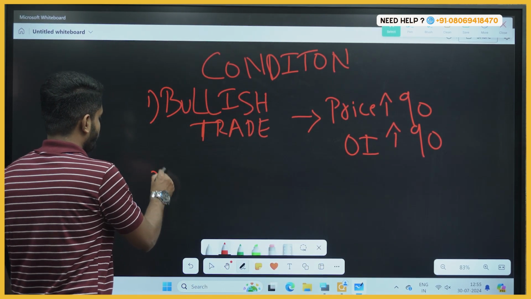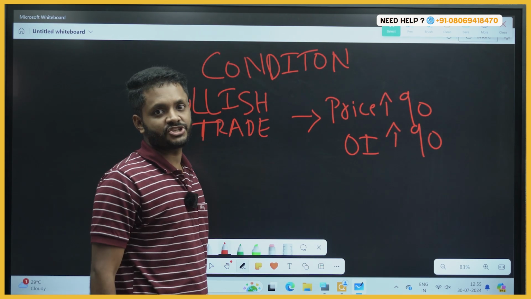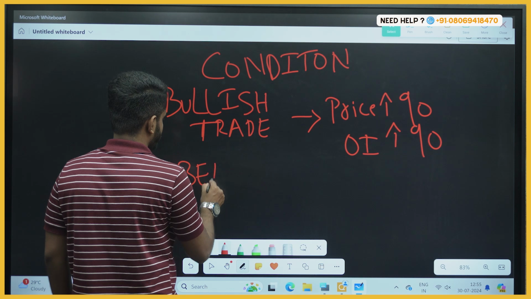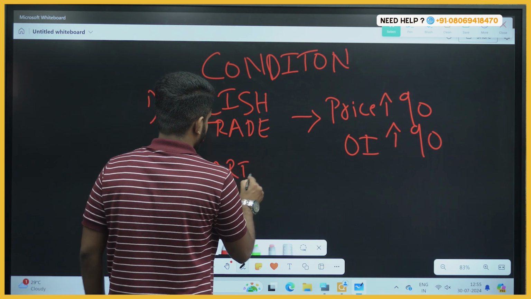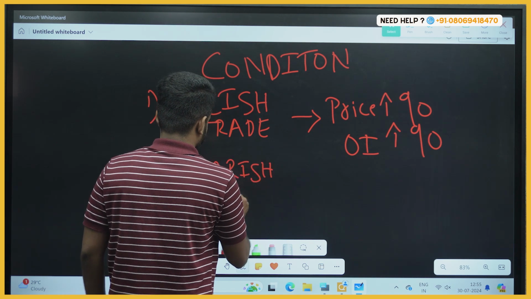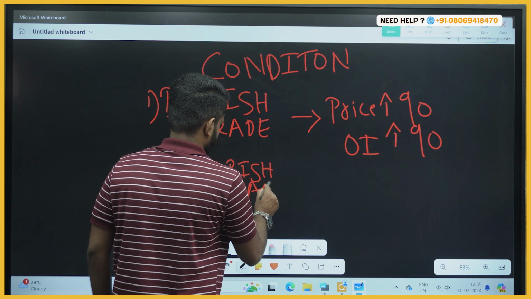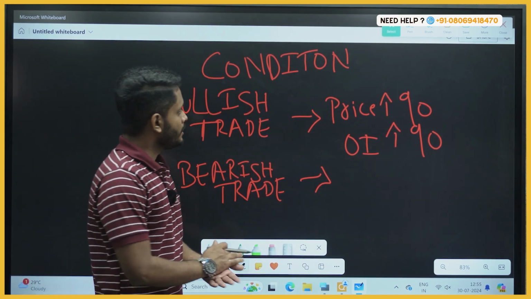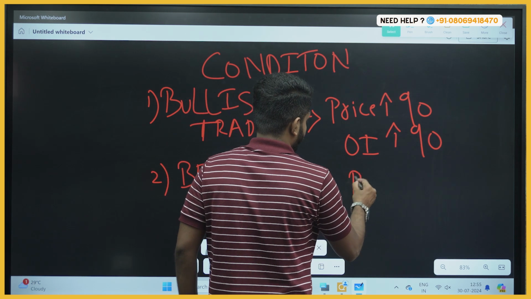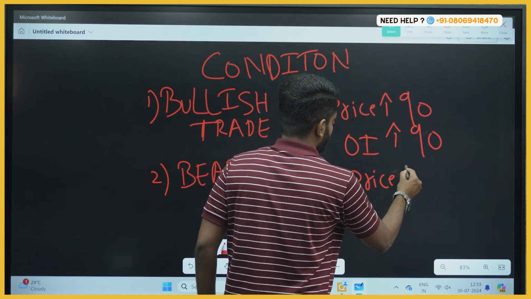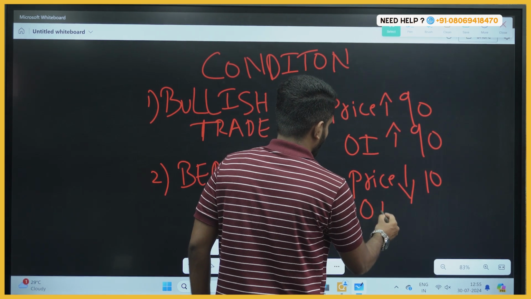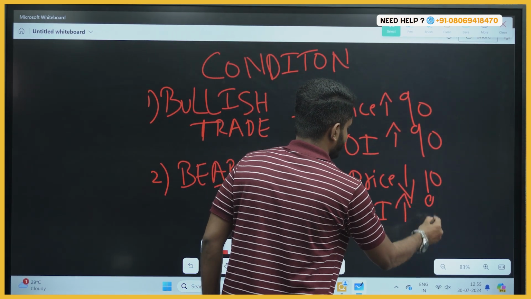Now say I want to find a bearish trade. Let me give you the condition. Here what I want is the price percentile should be below 10 and OI should be above 90.